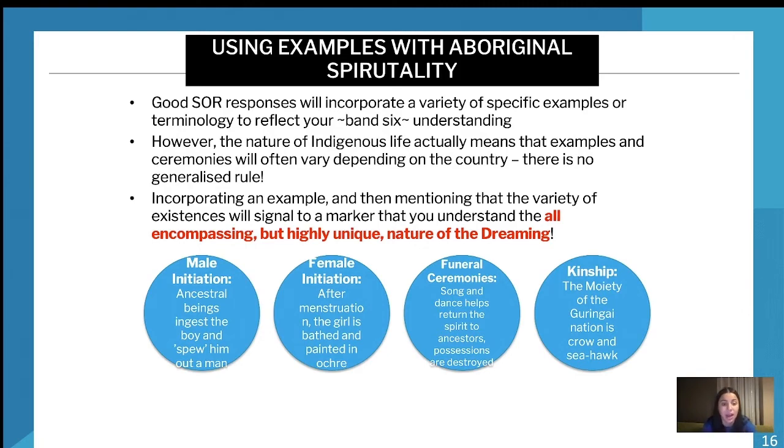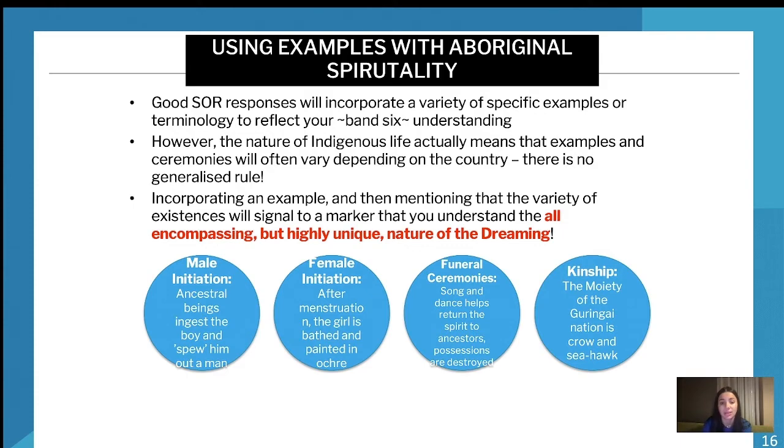So for example, a male initiation example that you could use is that ancestral beings ingest the boy and spew him out a man. For female initiation, after menstruation, the girl is bathed and painted in ochre. For funeral ceremonies, song and dance helps return the spirits to ancestors. Possessions are destroyed. And for kinship, the moiety of the Guringai nation is crow and seahawk. I'm sorry if I pronounced that incorrectly.